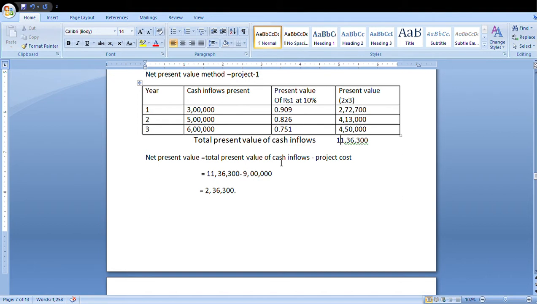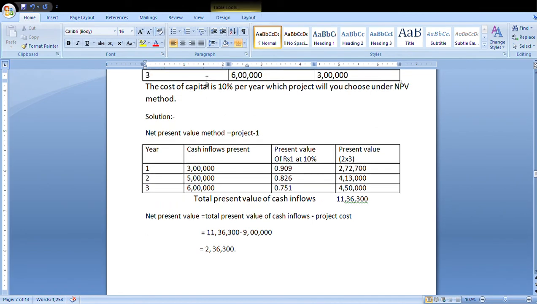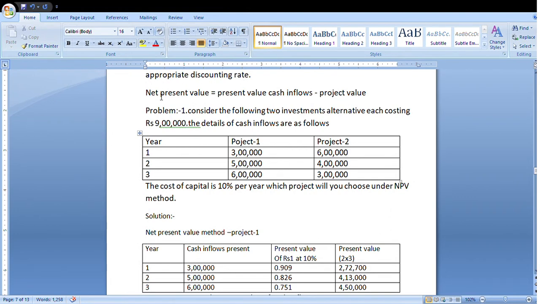Next, you apply the formula. Net present value is equal to present value of cash inflows minus project value. Project value means this project cost, this amount.